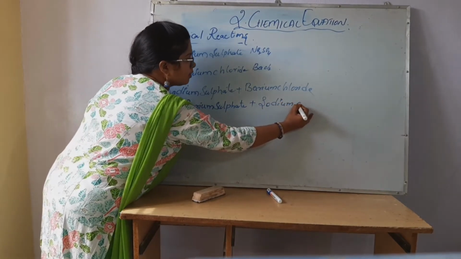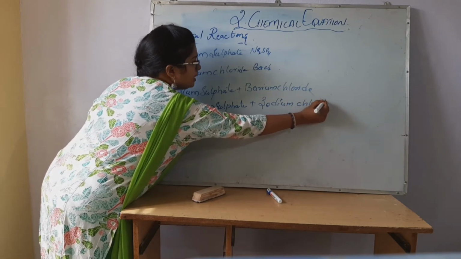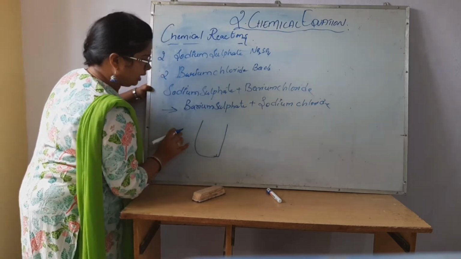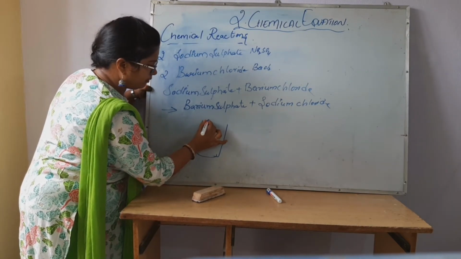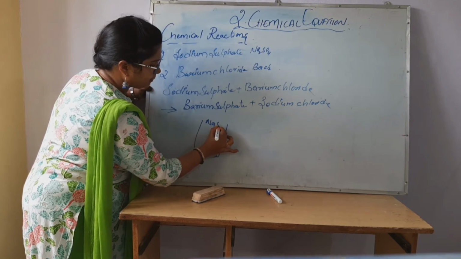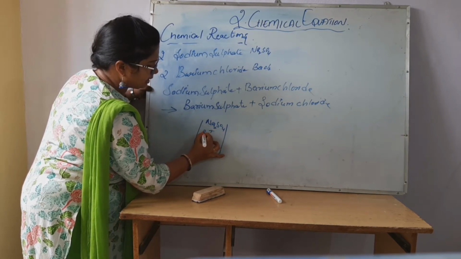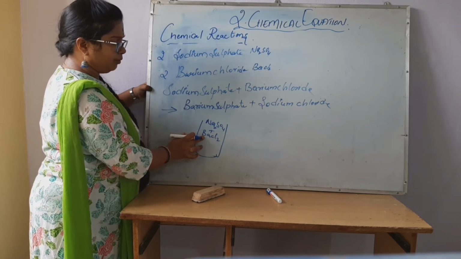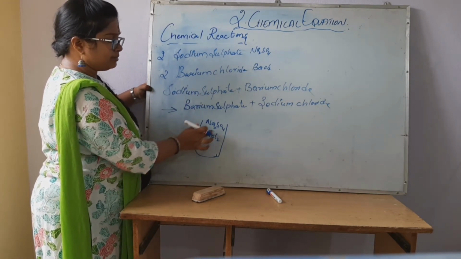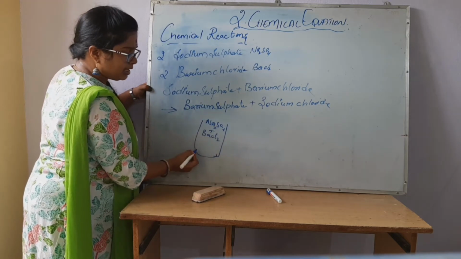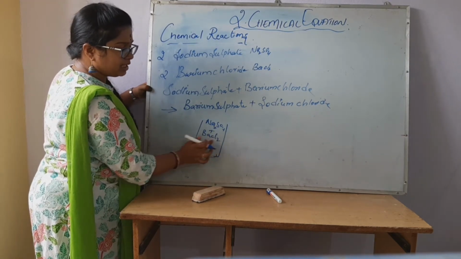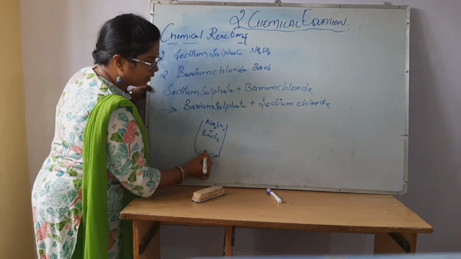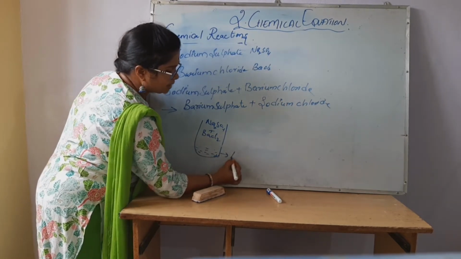In the beaker, when you add sodium sulphate, Na2SO4, plus barium chloride, BaCl2, the barium sulphate is formed, which does not mix with this solution, and it goes down as a precipitate.